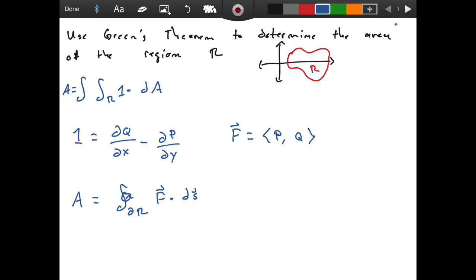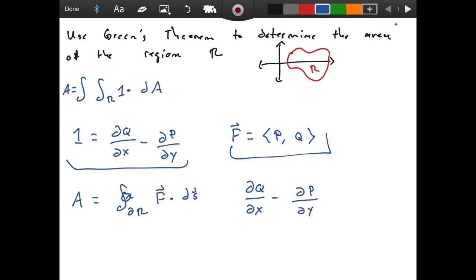Now this is if one satisfies this equation here. In other words, is there a vector field f that satisfies this equation? Basically, what this asks is, can we find two functions, q and p, such that the partial derivative of q with respect to x minus the partial derivative of p with respect to y is equal to 1?